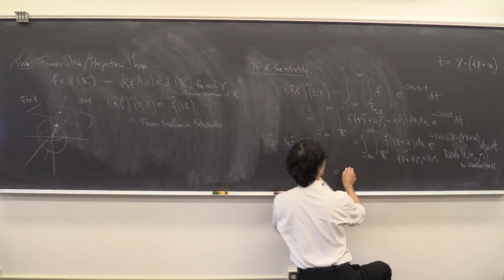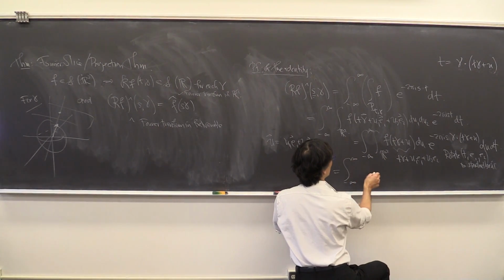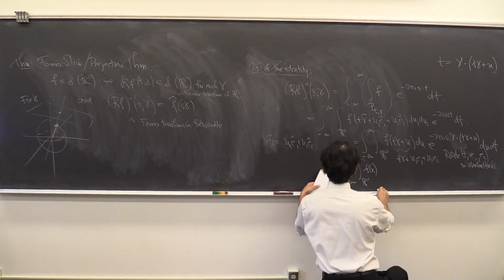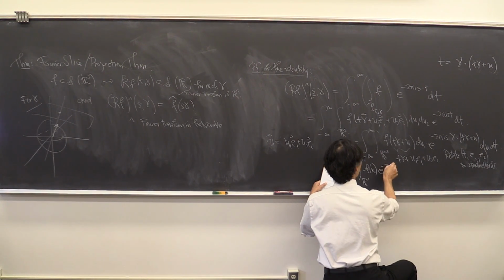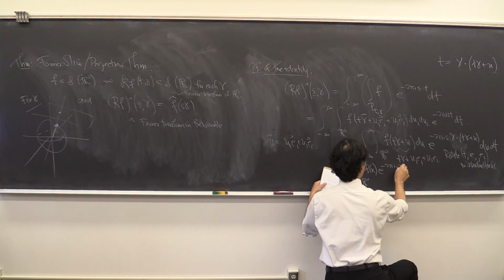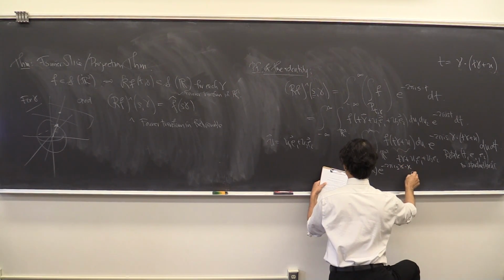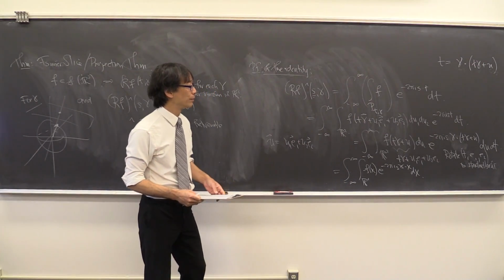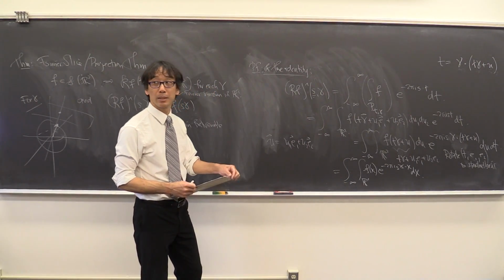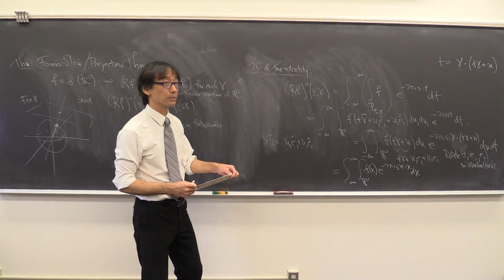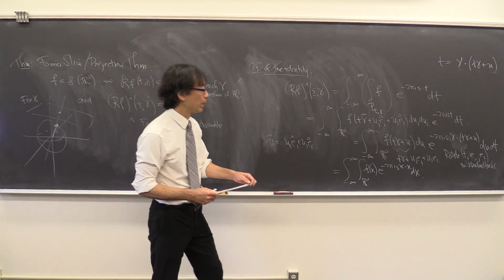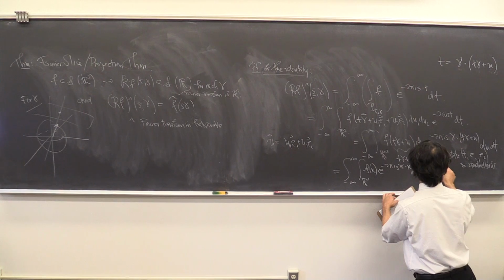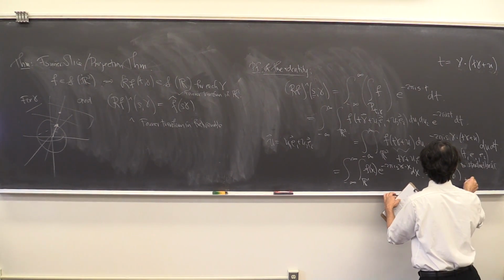And that changes this into f of x e to the negative 2 pi i s gamma dot x dx, which is just f hat of s gamma.